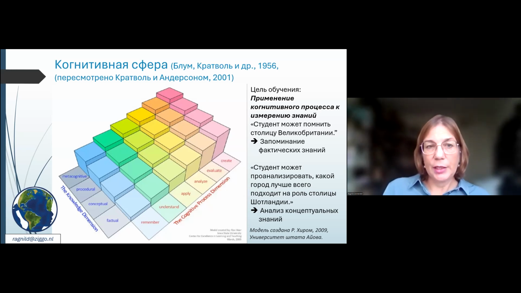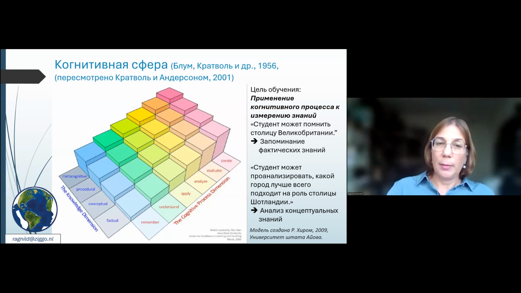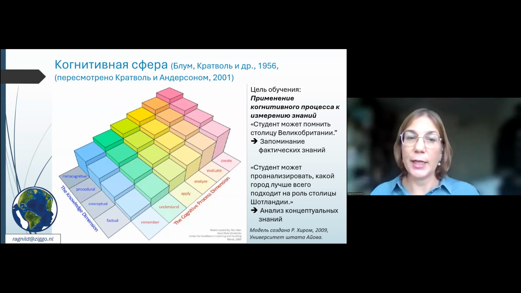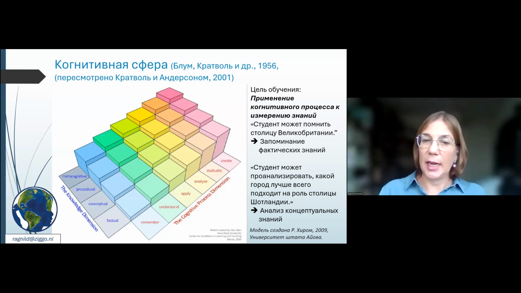And as you can see, in this cognitive domain taxonomy there are two dimensions in the revised version. We have the dimension of the cognitive process, and you can see that's remembering, understanding, applying, analyzing, evaluating, and creating. And there you can see the increasing complexity of the cognitive process. What they say is that you have to be able to remember things to understand them.